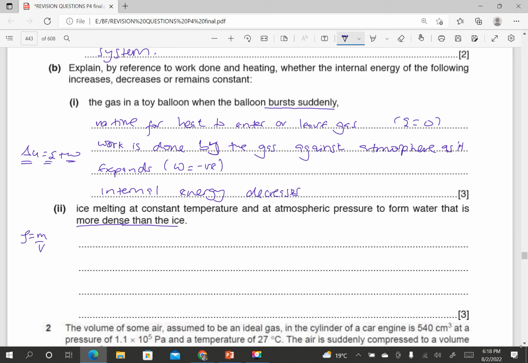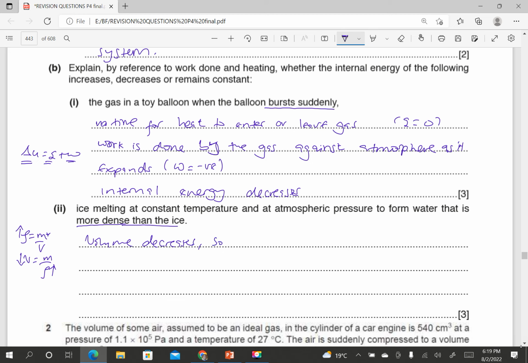Normally, I wanted to elaborate that when ice melts, the density of ice is relatively less than that of the water it forms. So if it is more dense, the density has increased. I don't think the mass increases. But volume is equal to mass over density, so if the density increases, the volume decreases.